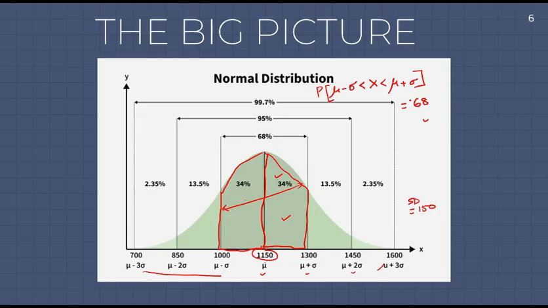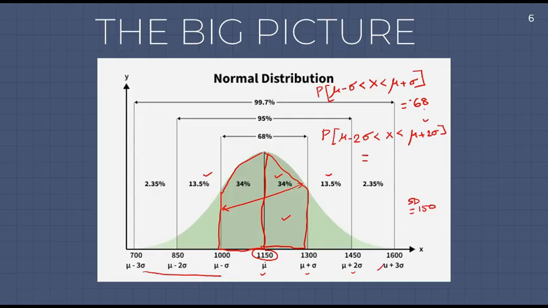Now, if you go to mu plus twice sigma and mu minus twice sigma, the probability of mu minus twice sigma less than x less than mu plus twice sigma will be equal to, already we had 0.68 and then 13.5 and 13.5. So 13.5 plus 13.5 is 27.